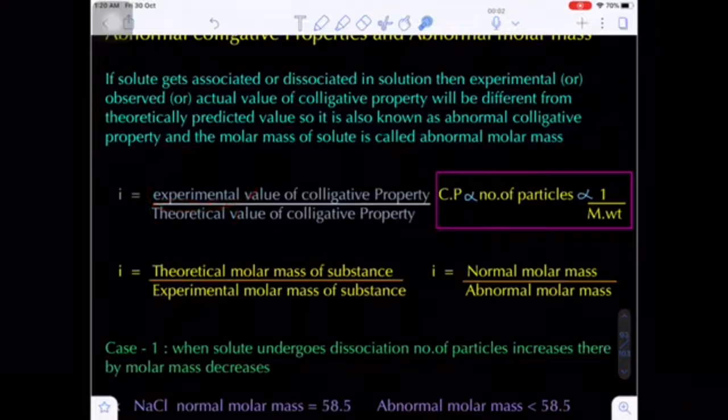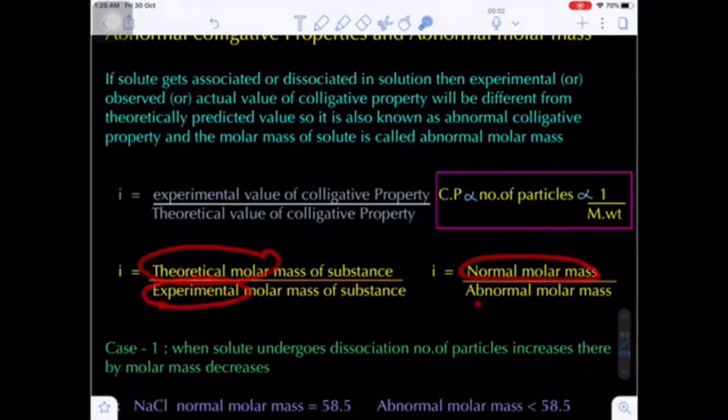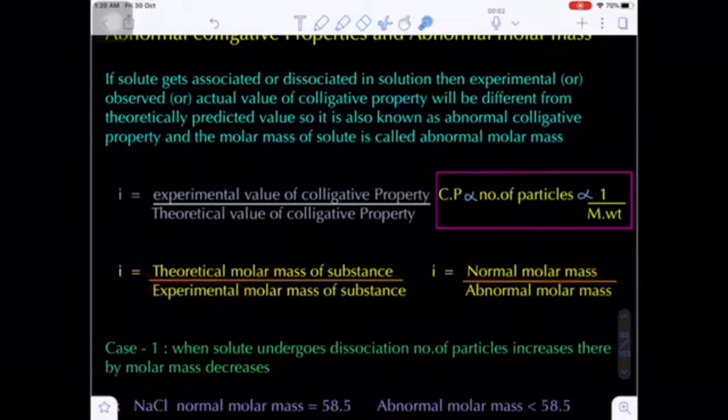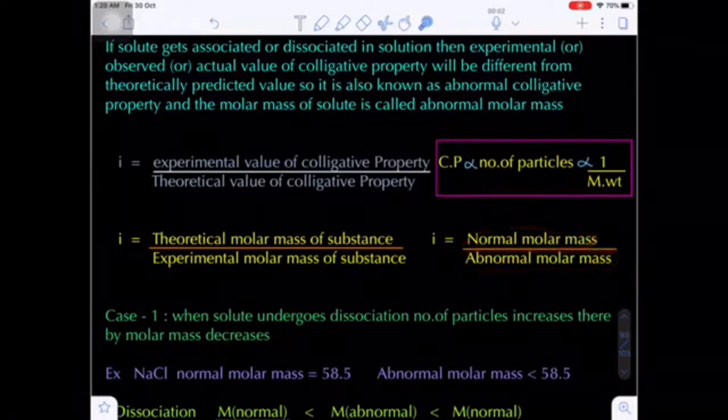The theoretical molar mass is nothing but the normal molar mass, whereas the experimental molar mass is the abnormal molar mass. This abnormal molar mass must be given in the experiment, and the normal molar mass we can find with the help of the molecular formula.